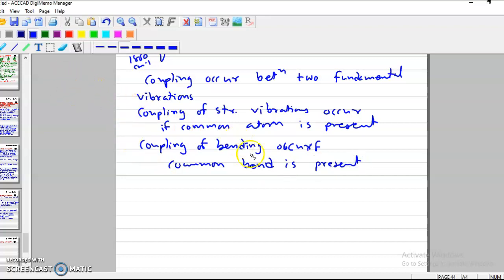So this is very important, that if a common atom is present, then there will be coupling.